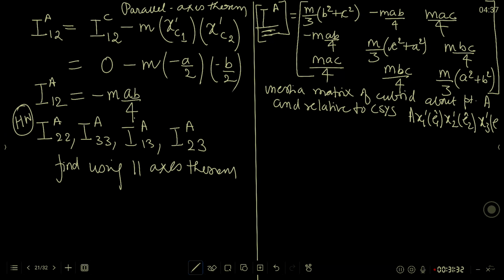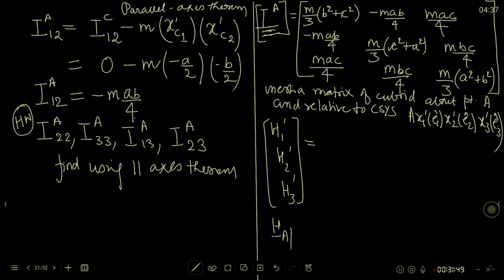And thus we are now in a position to find the three scalar components of the angular momentum of the body about point A with respect to frame F. We will use these components.